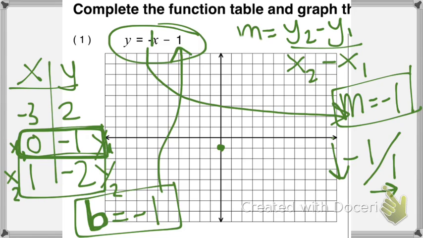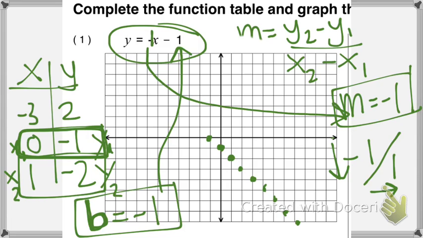So I'm going to go down 1, right 1, down 1, right 1, down 1, right 1, and I can keep going and plot a whole bunch of solutions just really, really quickly, and actually I could keep going the other direction.